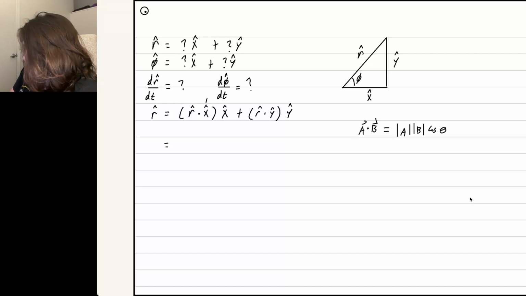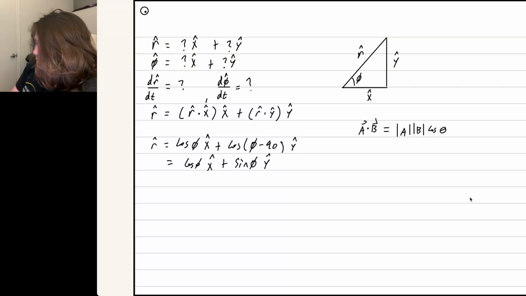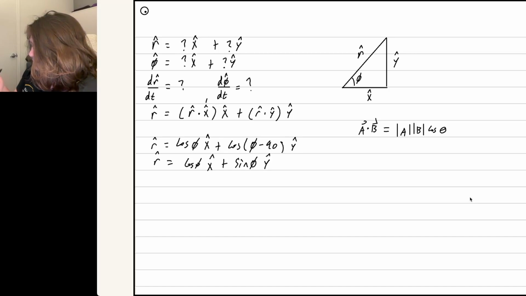So we can represent r hat as cosine phi x hat plus cosine of phi minus 90 y hat. And then using just the definition of sines and cosines, you find that it's sine phi y hat. So that's pretty awesome.